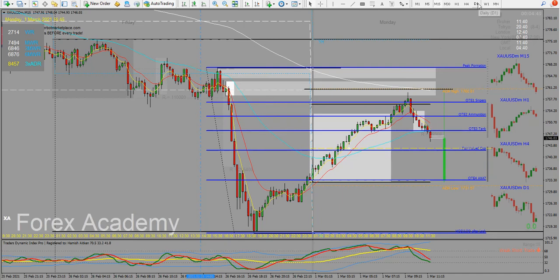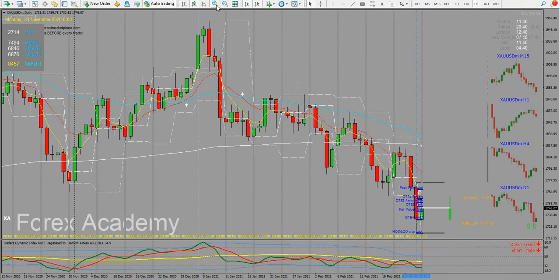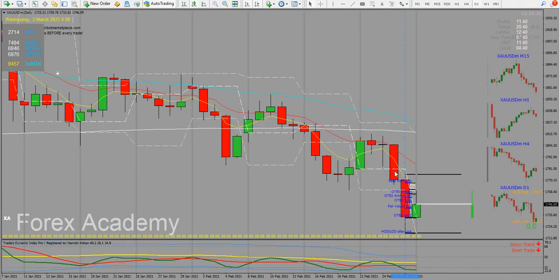Let me just make another example of how we identify those. Like on this structure, you first identify the high of the day, and then also the low of the day.